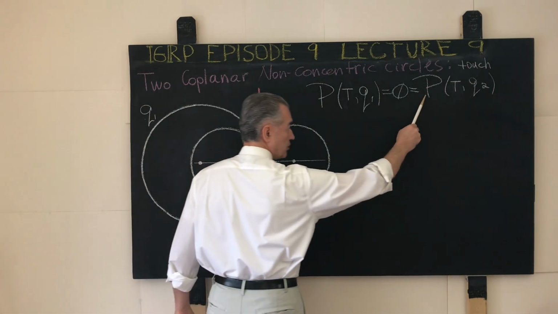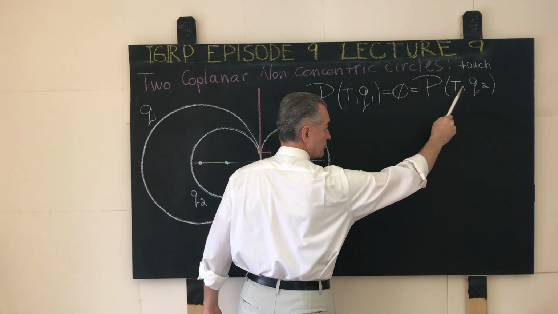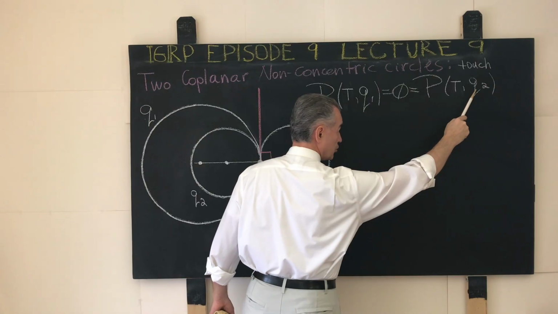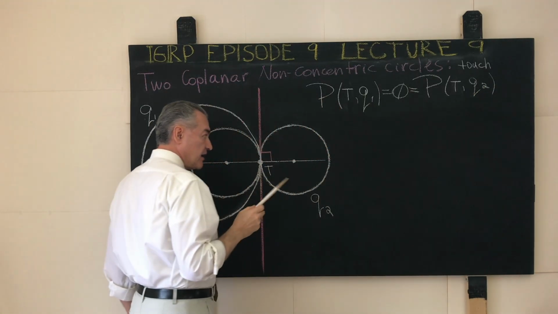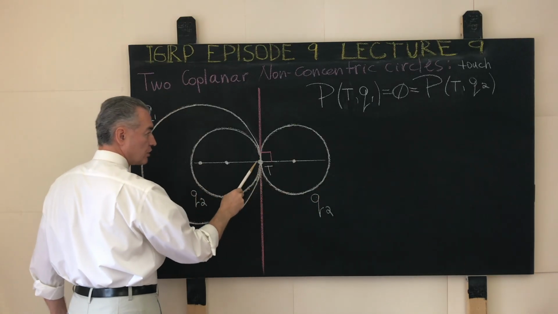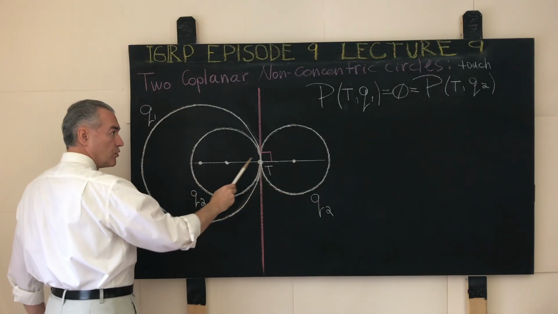Now, the power of the same point T with respect to the second circle Q2, which touches our first circle externally or internally, will also be what?